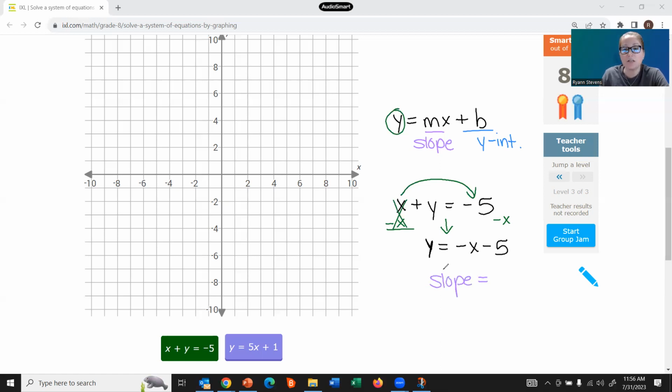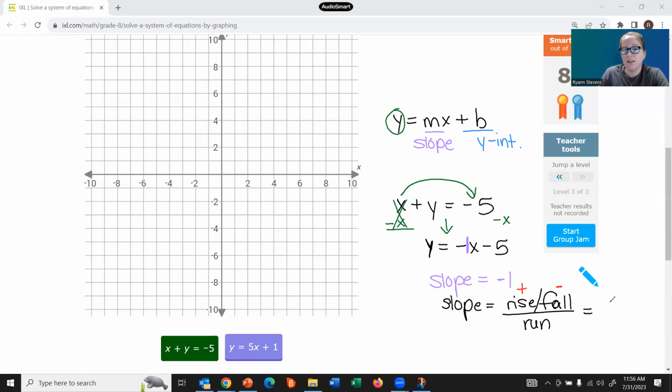And we have to remember, if there is not a number written in front of the variable, we could say that that's just the number 1. So our slope is a -1. So we know that this is our rise or our fall. And since this is a negative number, this is going to tell us where we're going to fall with our slope.